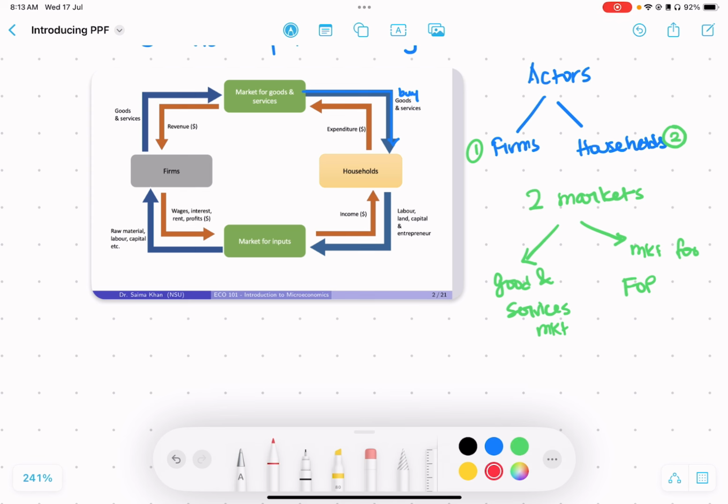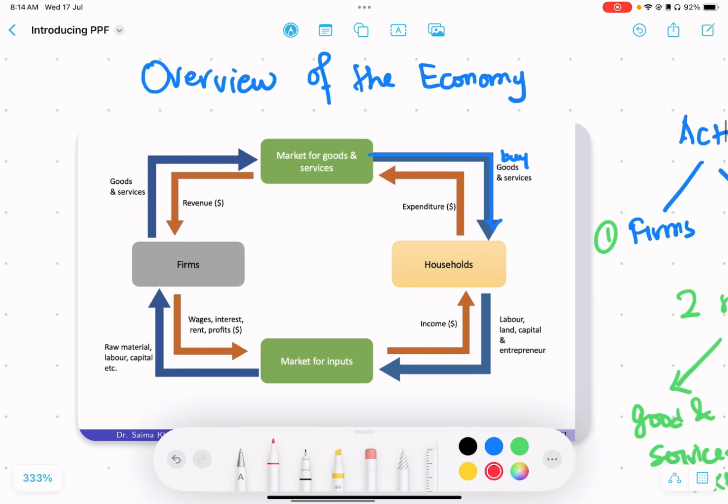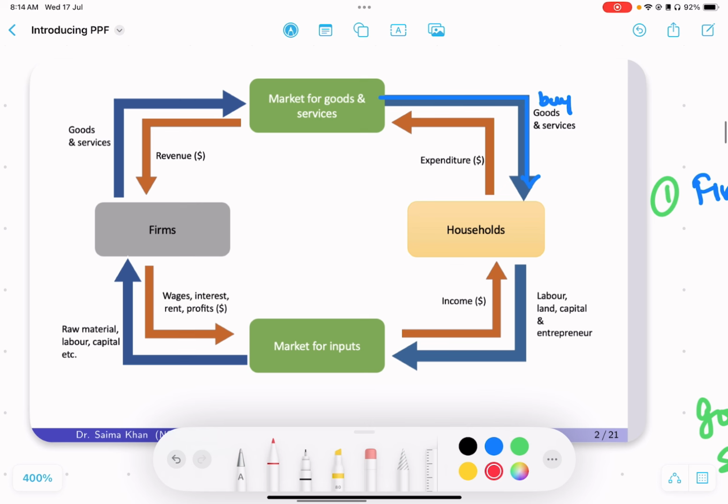So for future reference, whenever I use the word FOP, essentially I'm talking about factors of production. Okay, I'm going to tell you in a bit what that's all about. Okay, so if you're looking at this diagram here, let me just zoom in for your convenience.